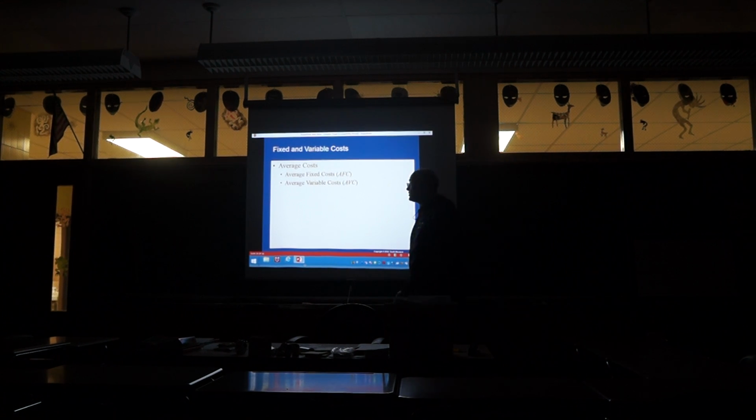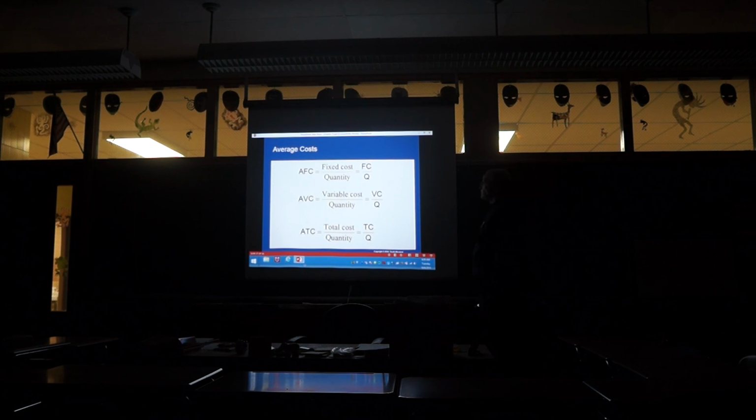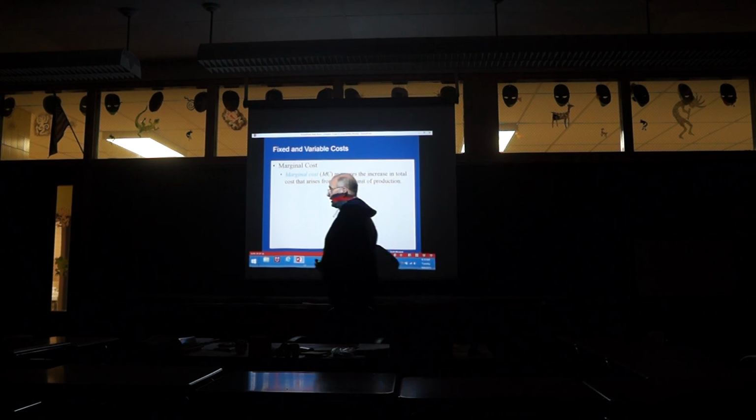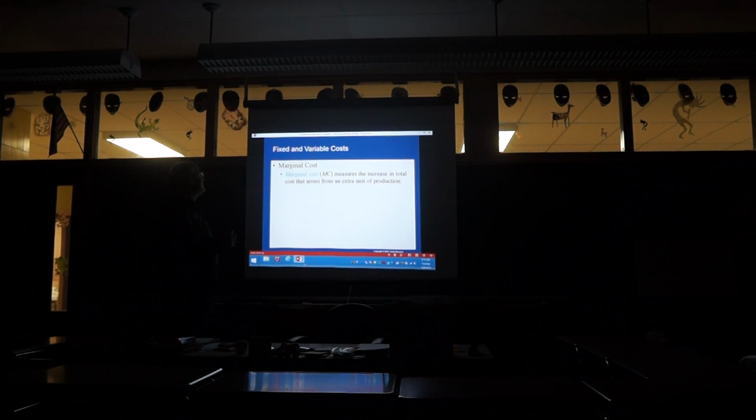Average variable cost depends on the units, and then you have the average total cost. Here are your formulas. Average fixed cost is fixed cost over quantity, average variable cost is variable cost over quantity, and average total cost is total cost over quantity. Now, marginal again is additional, so it's the additional cost that arises from an extra unit.